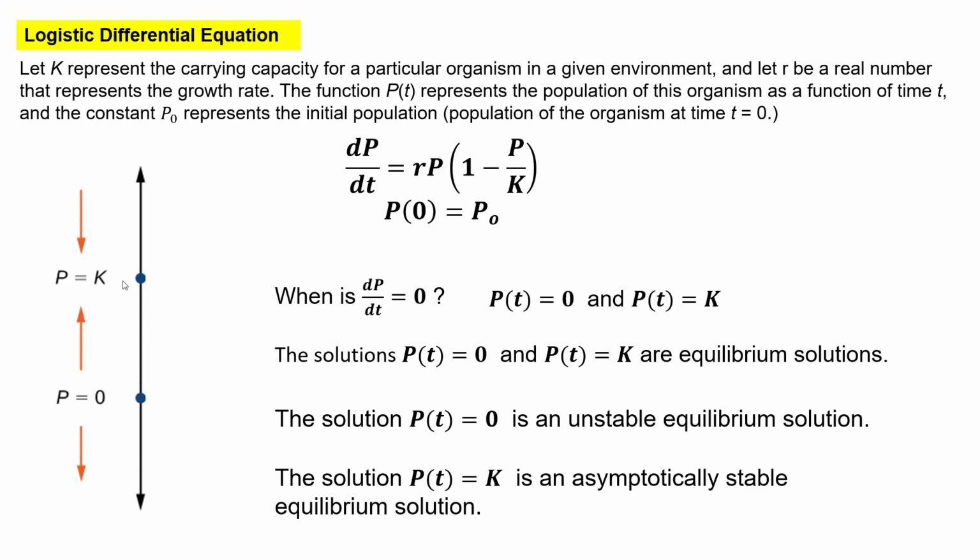A stable equilibrium means that if you have an initial condition in the neighborhood of K, the population will approach K as time goes on. P of 0 is unstable: if you have a population in the neighborhood of 0, the population will still try to approach K.